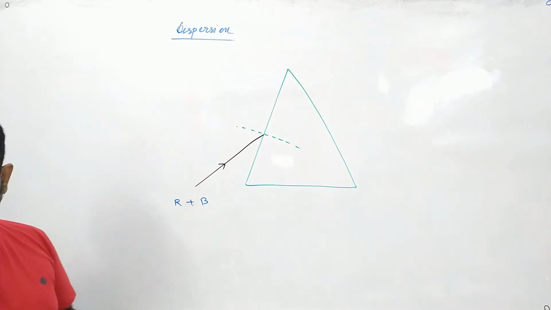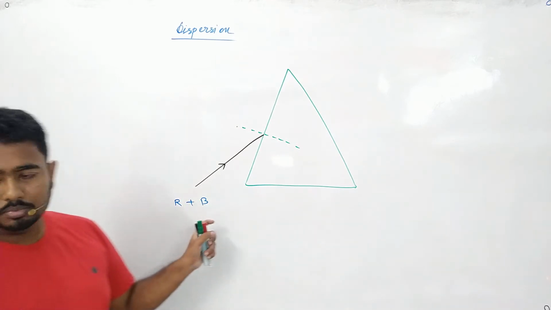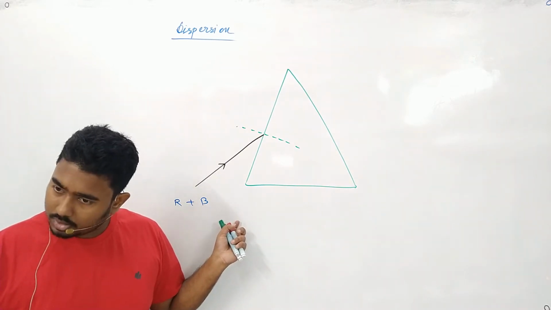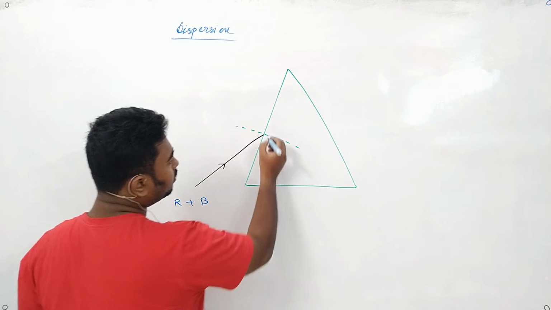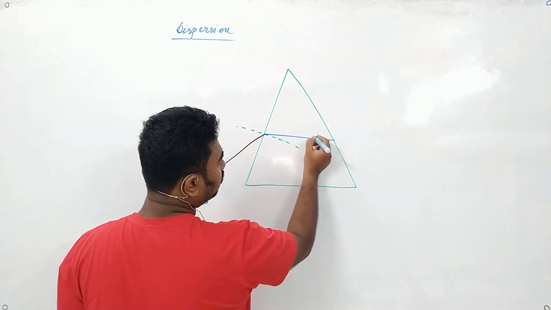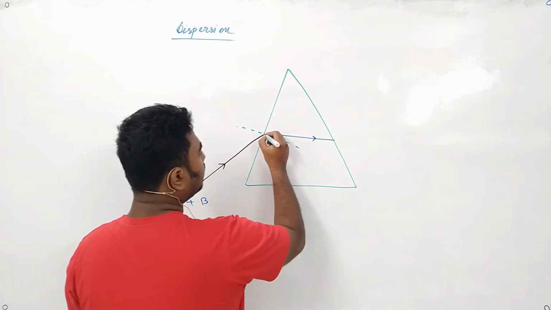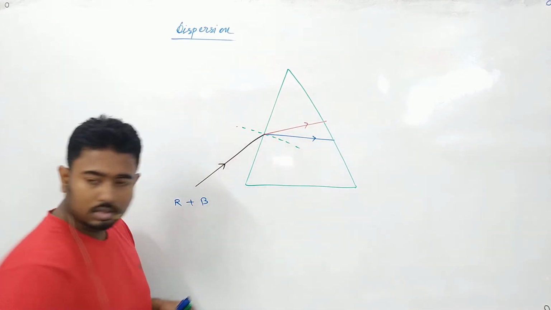If it is composed of red and blue light, red has less refractive index, blue has more refractive index. That means the blue light will bend more towards the normal and the red light will bend less towards the normal, right?